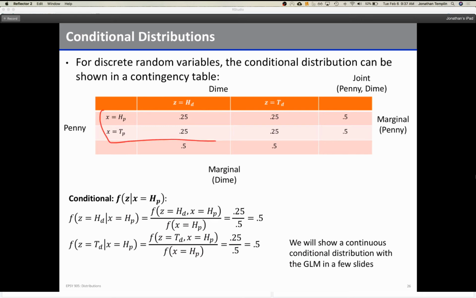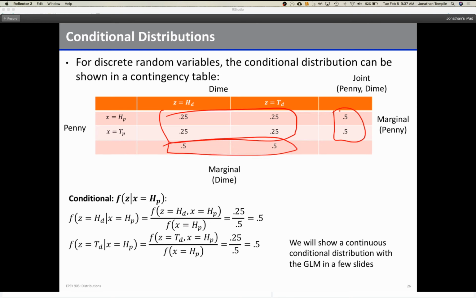So here's another example for that same contingency table. We have our joint distribution in the middle, and our marginal distributions on the side. If we wanted the distribution of z given x, we take the joint. So let's imagine the heads part of z. What's the probability z is heads conditional on x being heads?